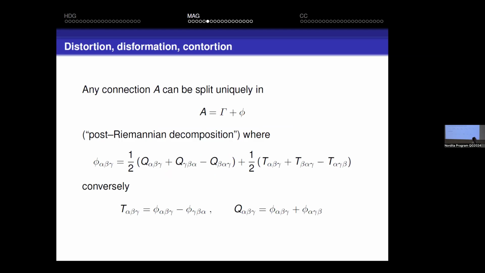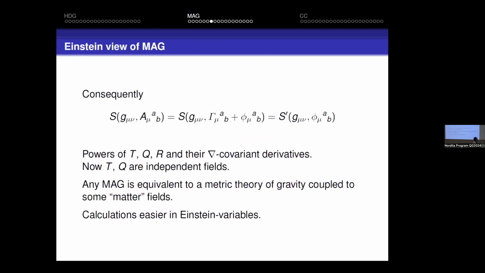And the difference A minus gamma is a tensor phi. And this tensor itself is a linear object in torsion and non-metricity. And so any action for g and A can be rewritten as an action for g and phi, or equivalently g, torsion, and non-metricity, where in this case torsion and non-metricity have to be thought of as independent fields.